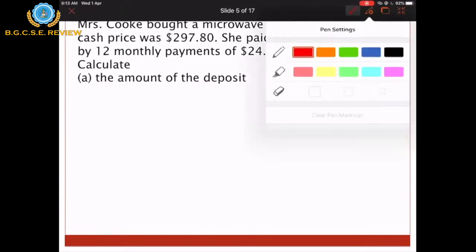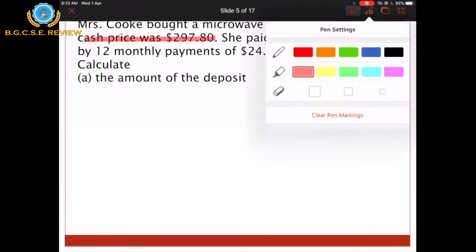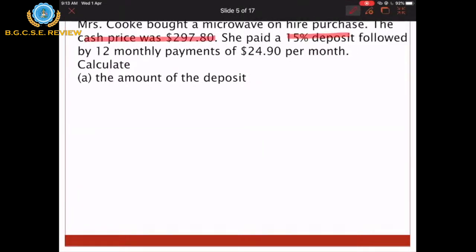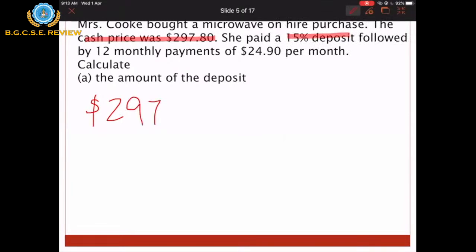Well, I'm going to look at what part of the question speaks to the deposit. And I know it's this part here that says 15% deposit, which will be calculated on the cash price. So I'm going to work that part first. 297.80 times 15%.